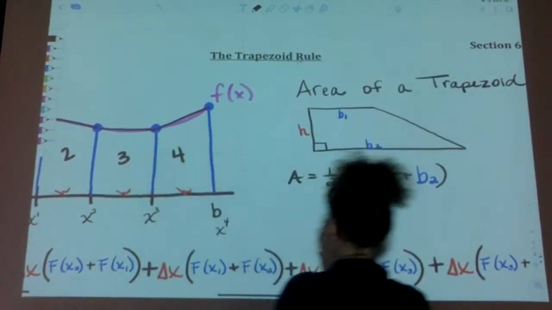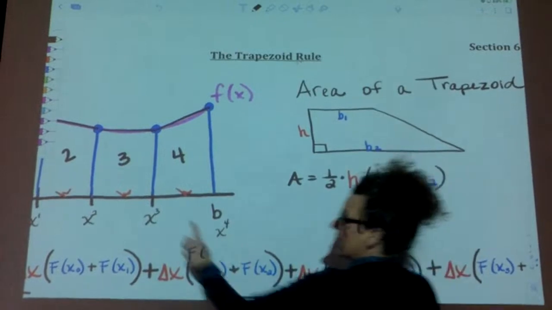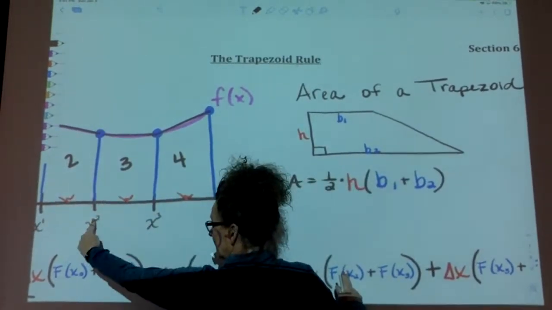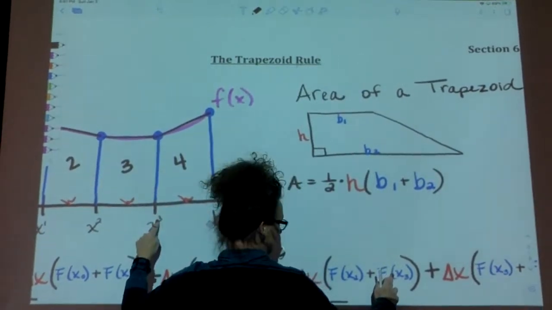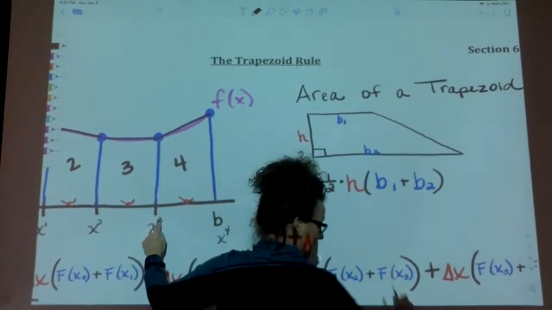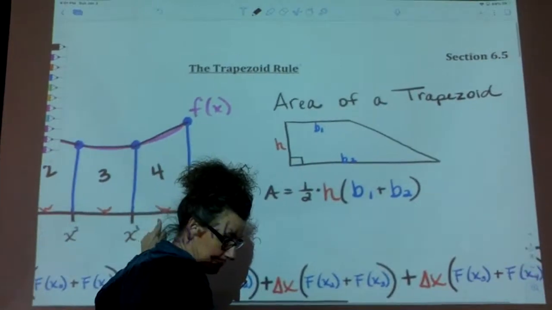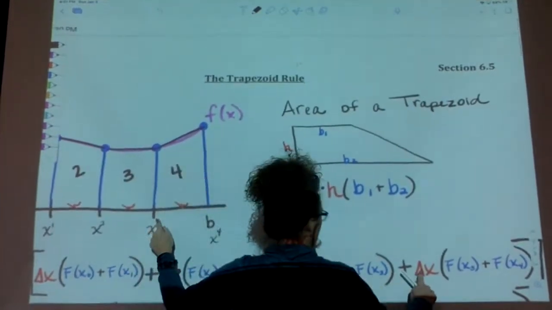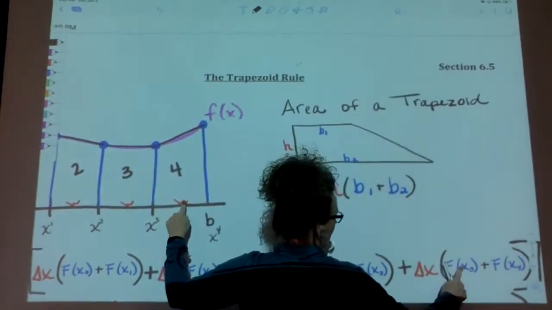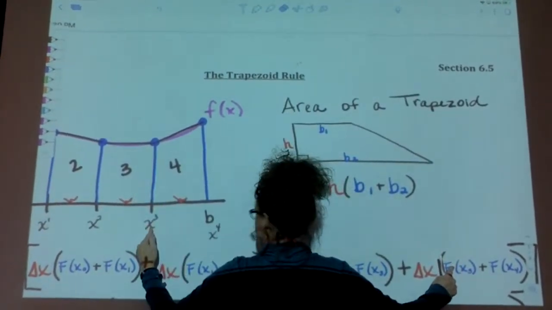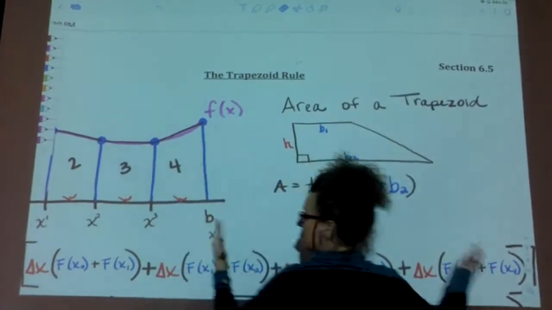Third trapezoid: the y that I get from subbing this one in plus the y that I get from subbing this one in. Fourth trapezoid: height, the 1/2 is distributed, remember. The y that I get from subbing this one in, the y that I get from subbing this one in.